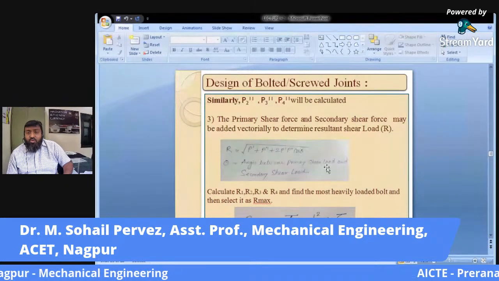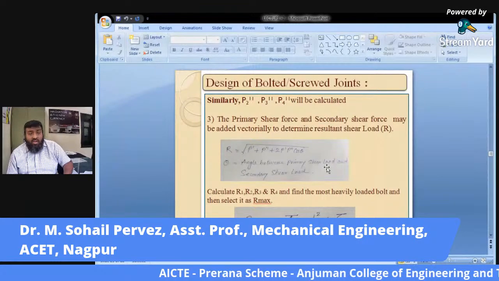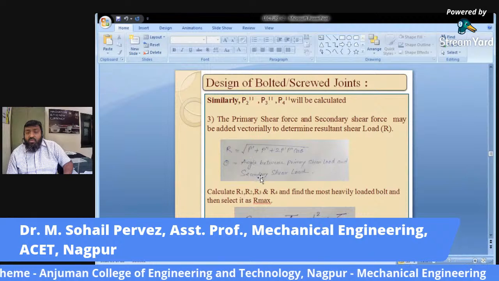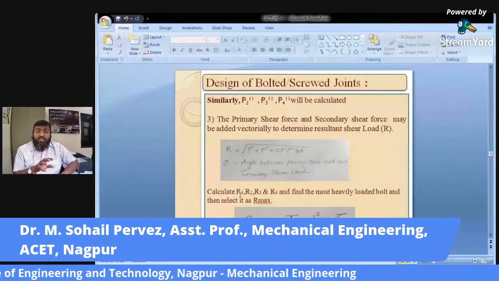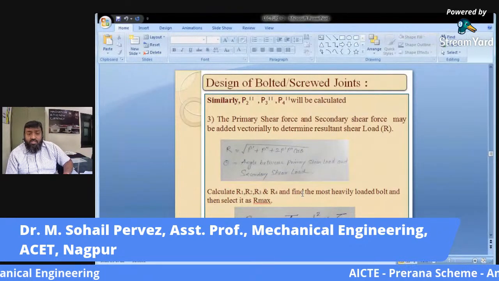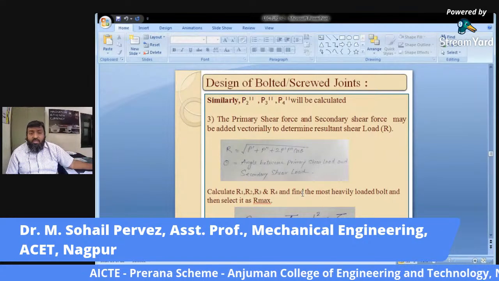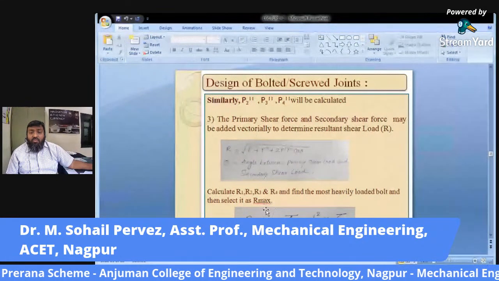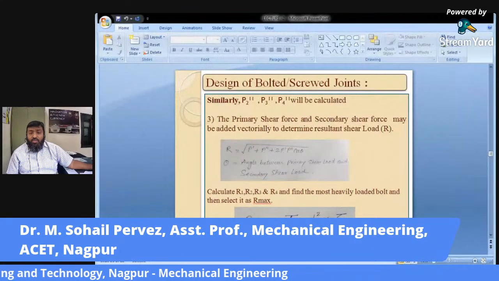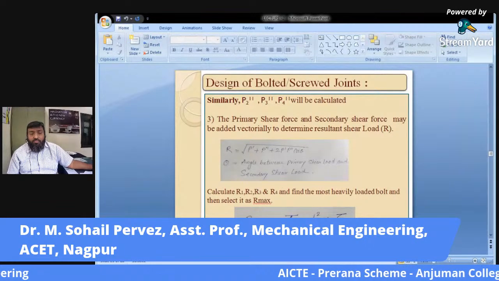Otherwise, the farthest bolts must be calculated. So after getting R1, R2, R3, R4, you have to find the most heavily loaded bolt out of these. The maximum value will be selected, and based upon that maximum value, we have to calculate the diameter of this particular bolt.